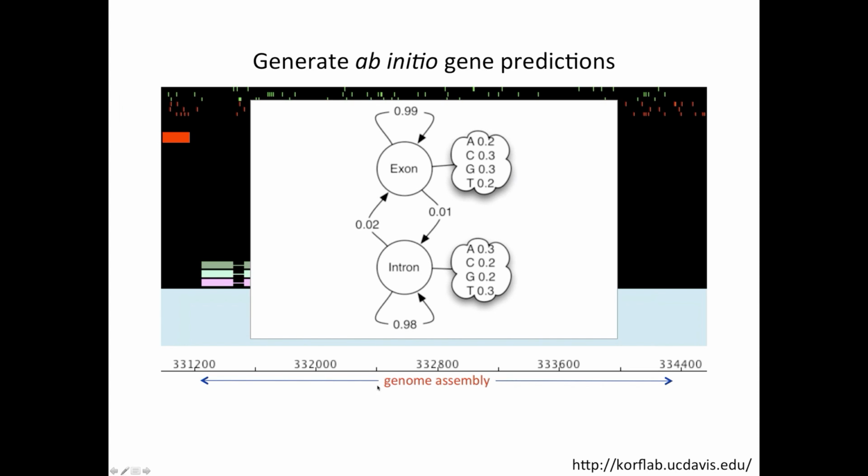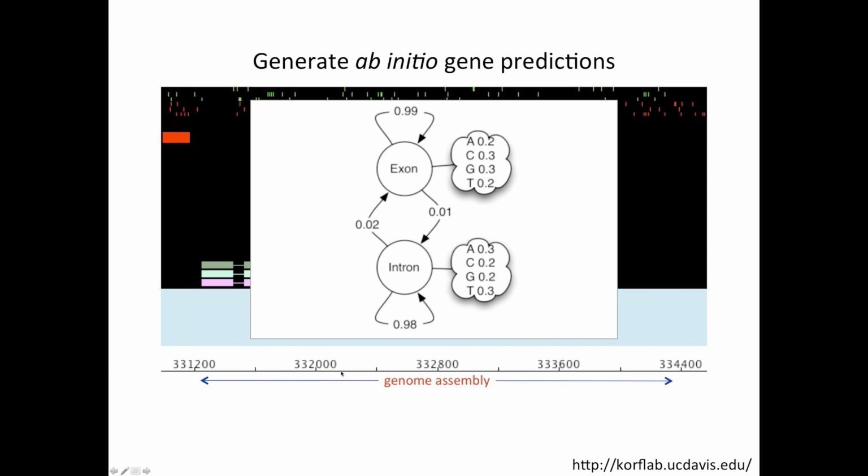I won't go into the details of how these ab initio gene predictors work, but the vast majority of them are HMM-based, hidden Markov model-based, where they go through and look at the genome in light of a set of known annotations. So you always have to have some starting set of known annotations for your genome or a closely related genome. They'll go through and look at all of those, and they'll treat the different parts of your annotations as states, for example, an exon or an intron.